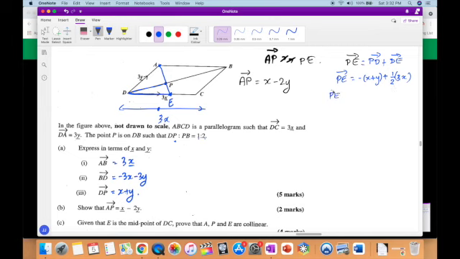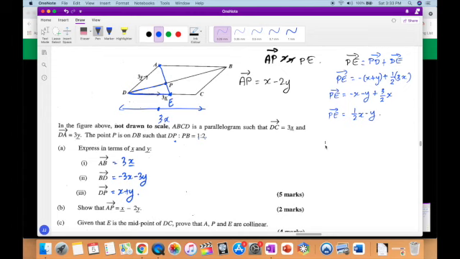So PE now is minus x minus y plus a half multiplied by 3, which is 3 on 2 x. So PE is equal to 3 on 2 x minus x. 3 on 2 minus 1 leaves me with a half x. And then I have minus y.